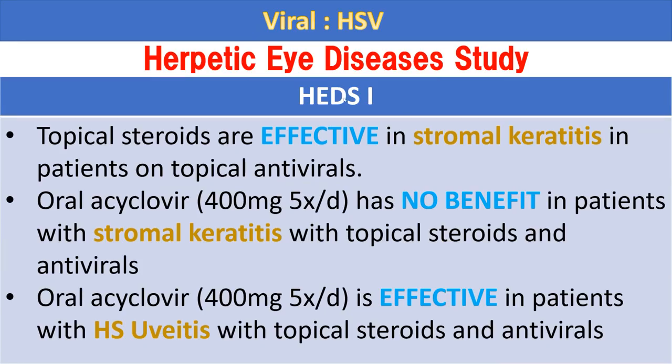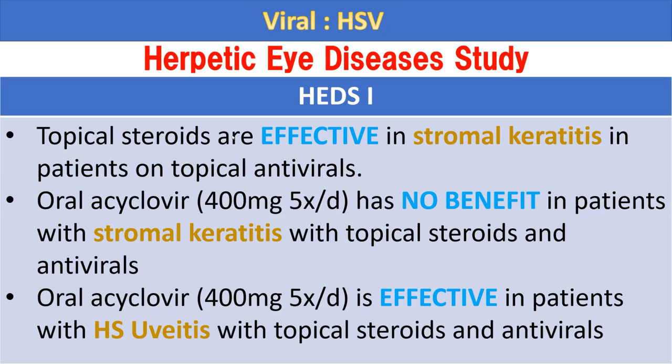The Herpetic Eye Disease Study 1 was done to check the effect of different medications on stromal keratitis and herpes simplex uveitis. They tested patients with herpes stromal keratitis and uveitis to see whether topical steroids and oral, systemic antivirals are effective or have no effect.